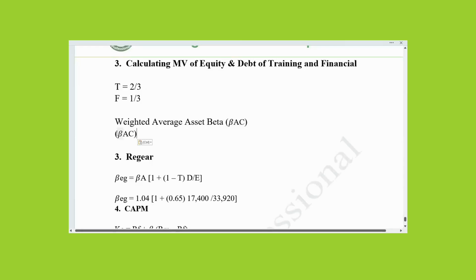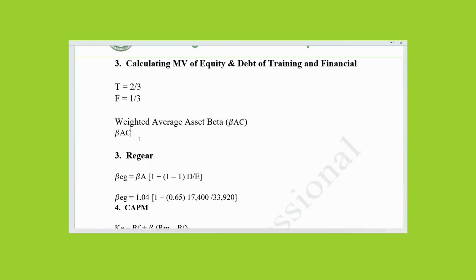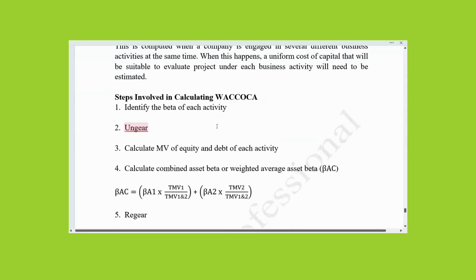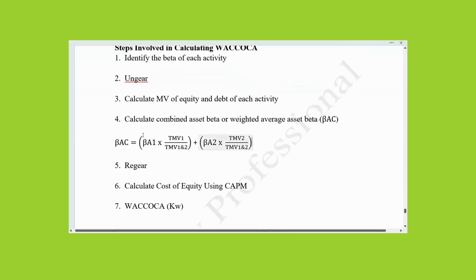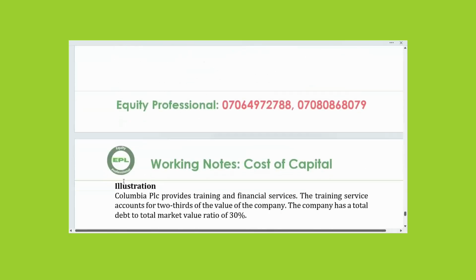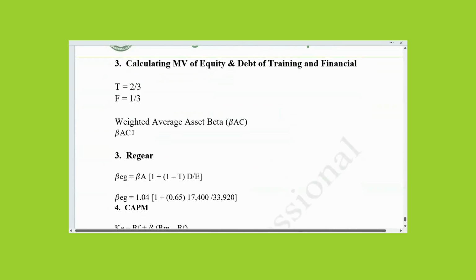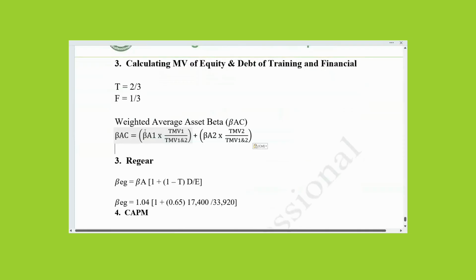So the beta asset of the combined will be calculated. Let me just bring out if I've done it before in my explanation. Don't need to be wasting my time.